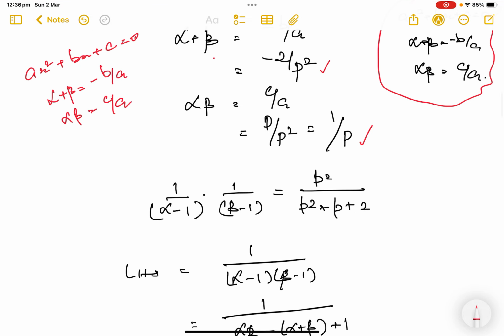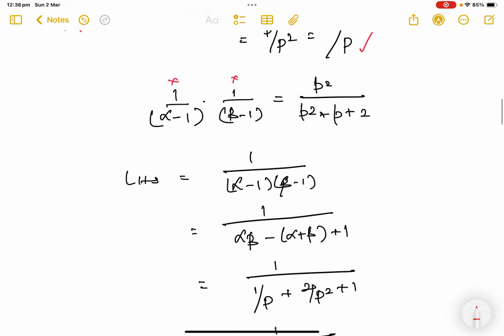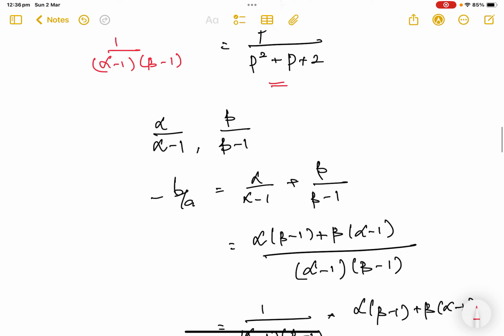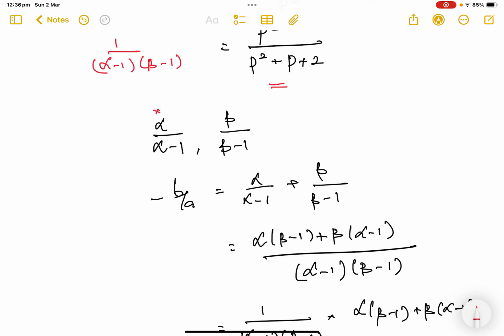So start with, these are the two roots. So alpha over alpha minus 1, beta over beta minus 1. First of all, I just wanted to add them together.